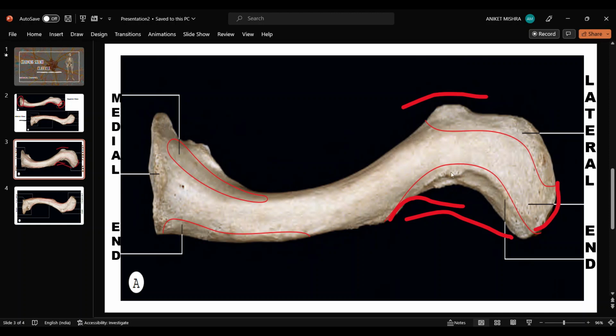The lateral fourth, at the junction with the rest of the bone, has the conoid tubercle. This conoid tubercle is present on the lateral part of the clavicle, and it gives attachment to the conoid part of the coracoclavicular ligament.